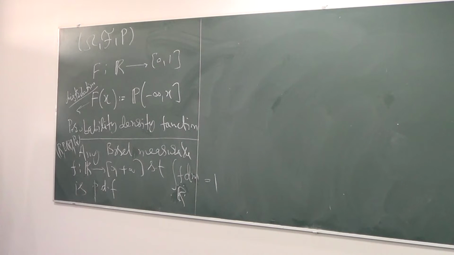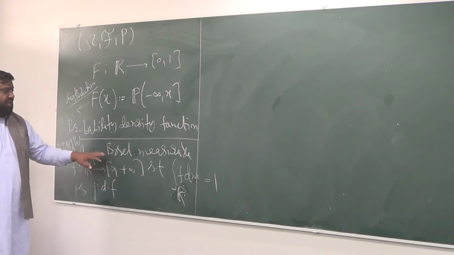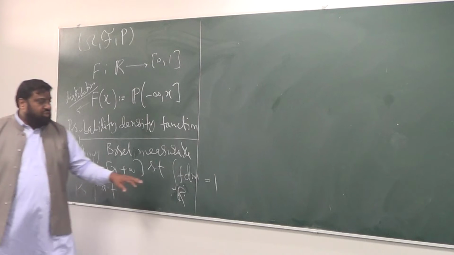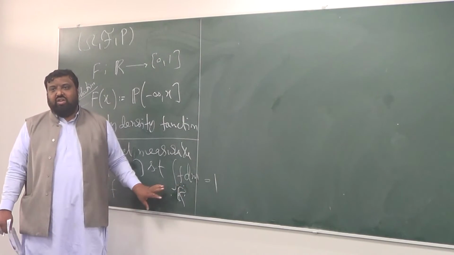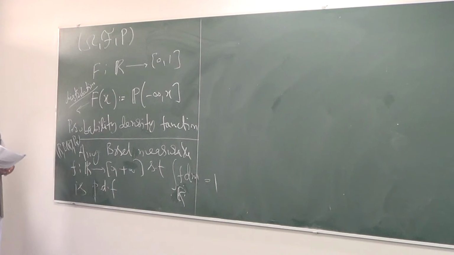Anyway, if I have a Borel measurable map for which such an integral is 1, you're going to call it a PDF.